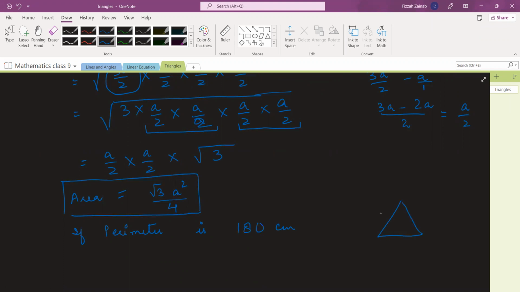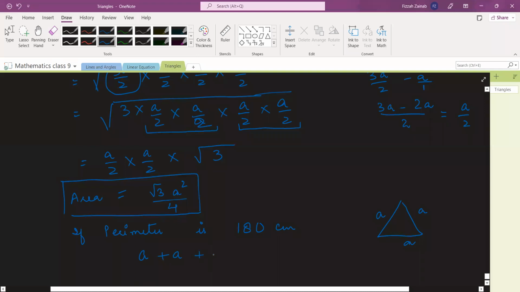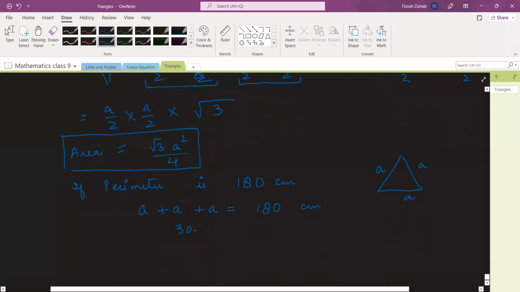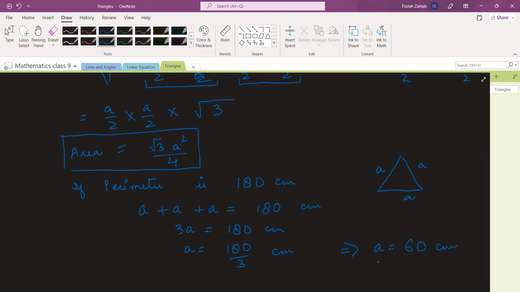Perimeter, I told you, is the length of the boundary, right? So that means A plus A plus A is equal to 180 centimeter, right? So 3A is equal to 180 centimeter and then A will be 180 divided by 3 centimeter, right? So this implies that A is equal to 60 centimeter. This is the length of the side.